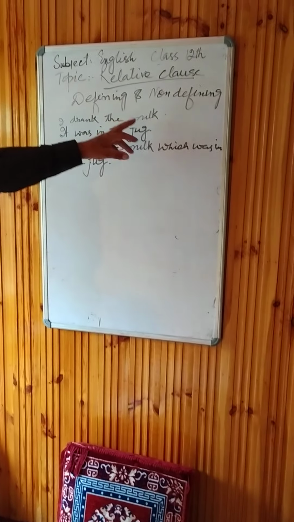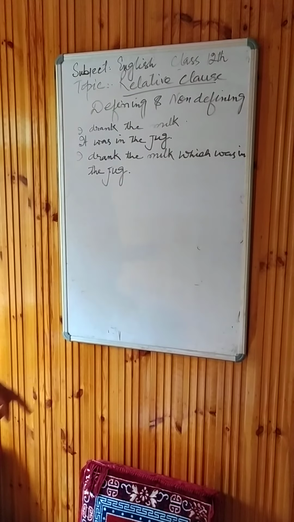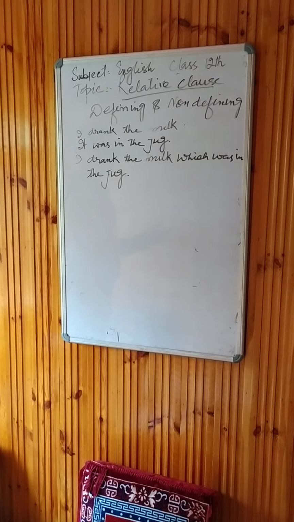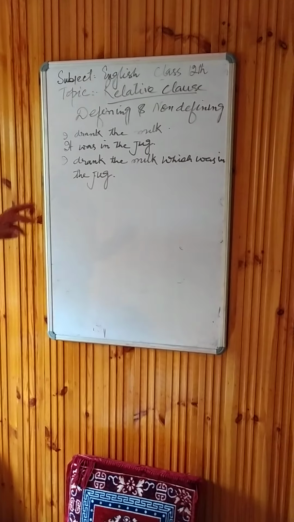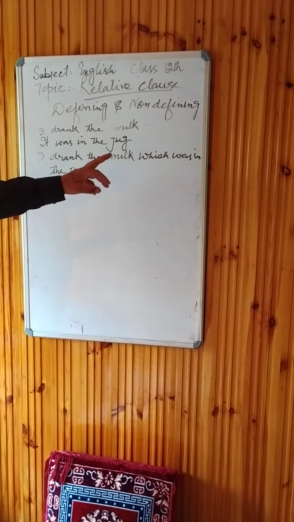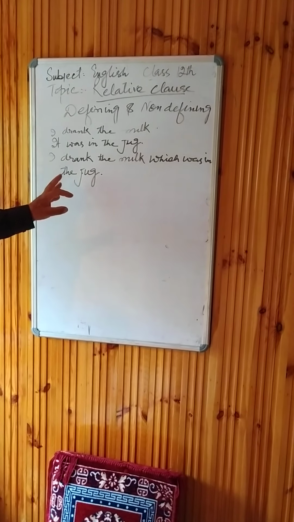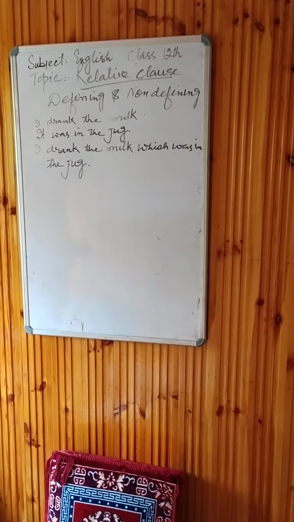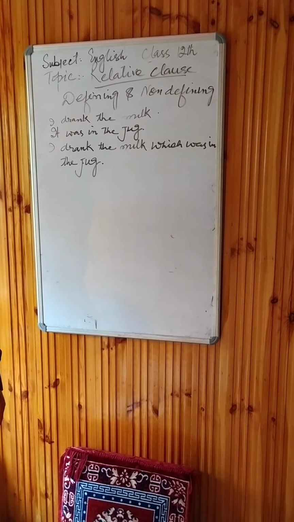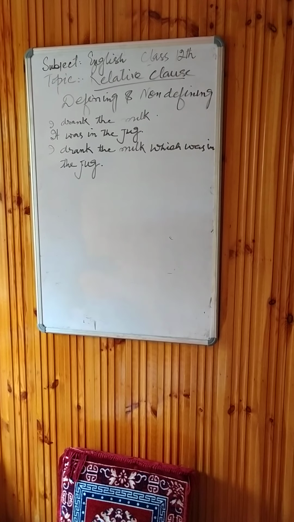This time the information is about milk. Milk is not a person, it's a thing, and for a thing we use which or that. That's why: I drank the milk which was in the jug. Here the conjunction "which" is used for the milk.